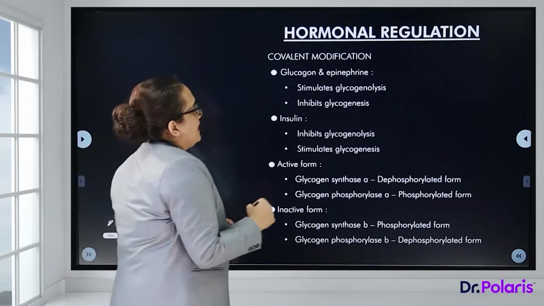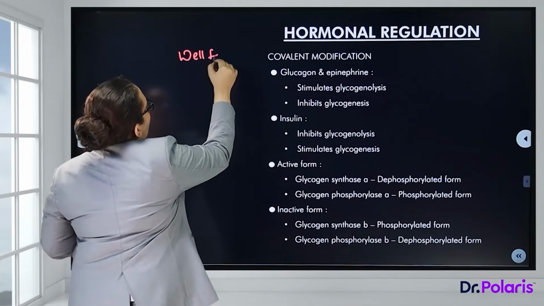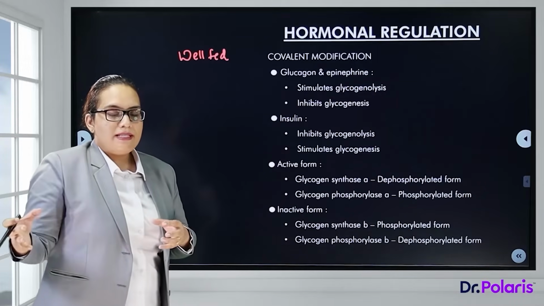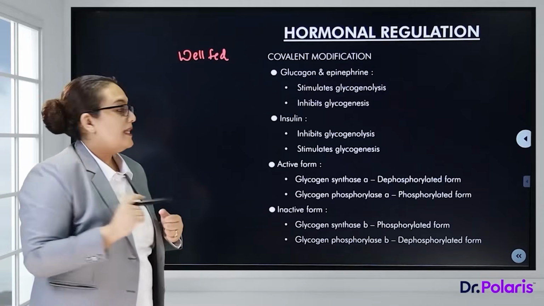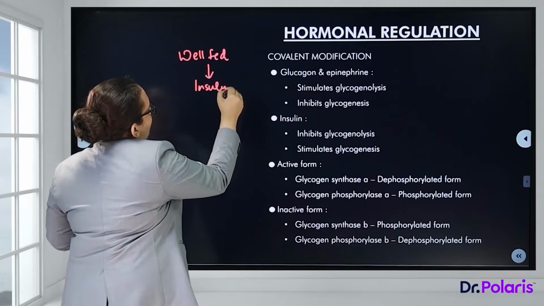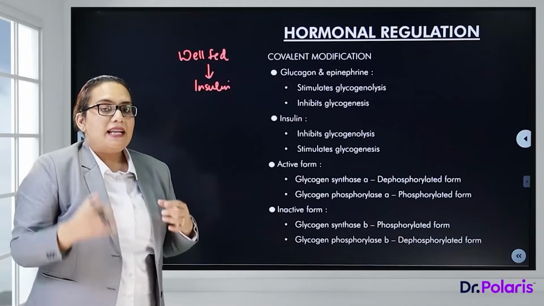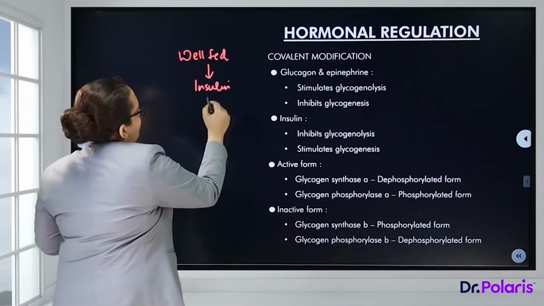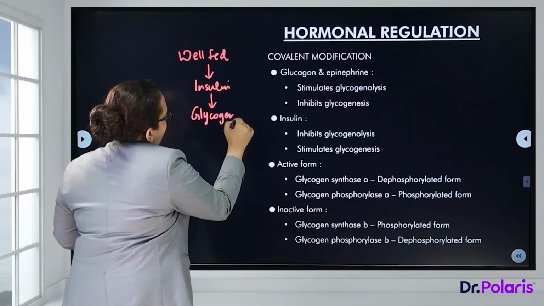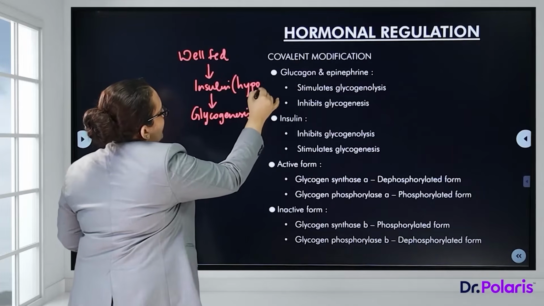So during the well-fed state, you have blood glucose increasing. Obviously, the pancreas will be stimulated to release a hormone known as insulin. Insulin will allow the uptake of glucose by various cells, and at the same time, it will also stimulate the process of glycogenesis. Remember, insulin is a hypoglycemic hormone.